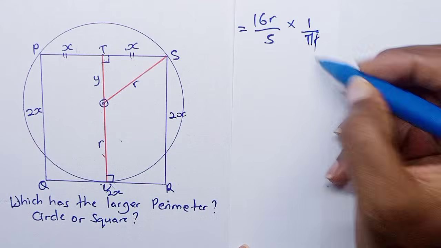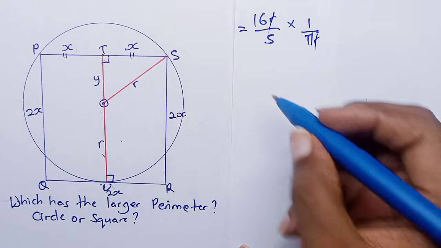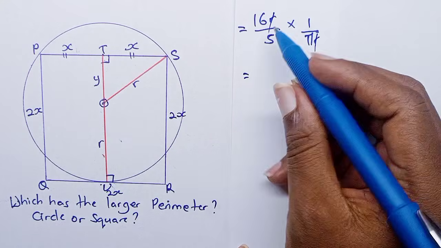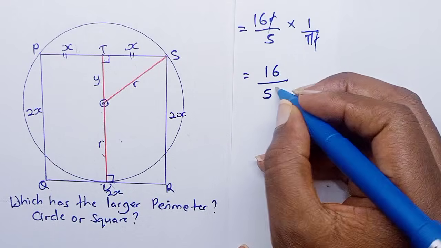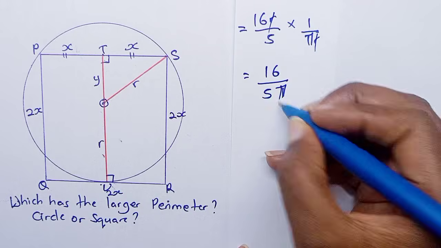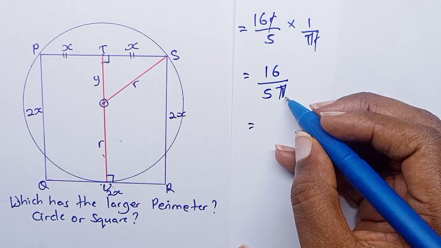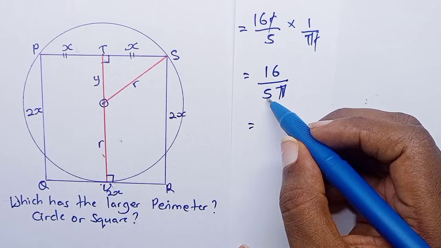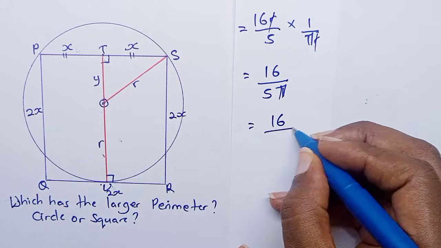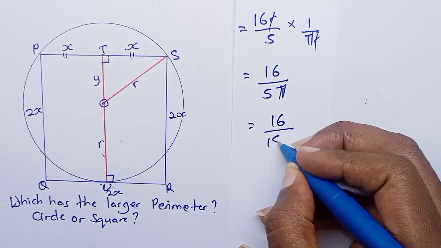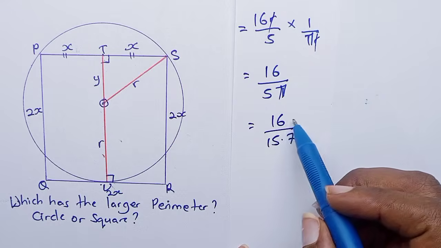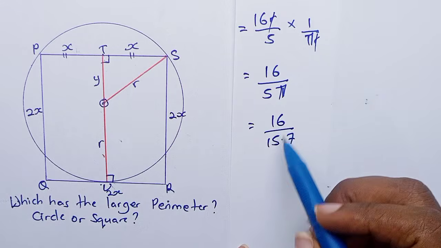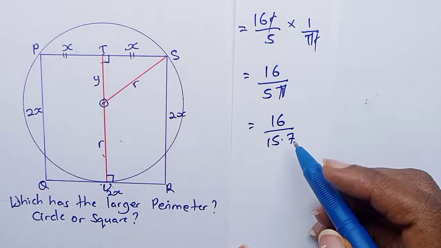As you can see, this r cancels with this r. So we have 16 over 5 pi. Pi is 3.14, so 3.14 times 5 gives us 15.7, so we have 16 over 15.7. Remember, this is the ratio of the perimeter of the square to the circumference of the circle.